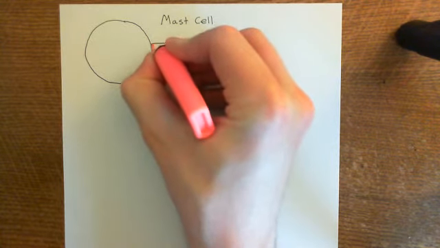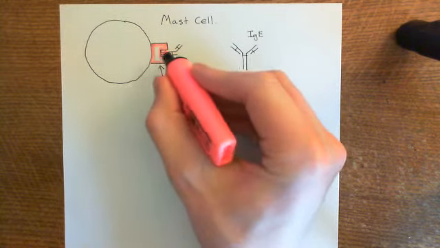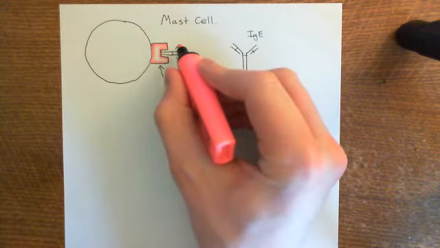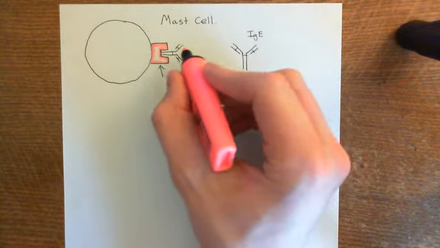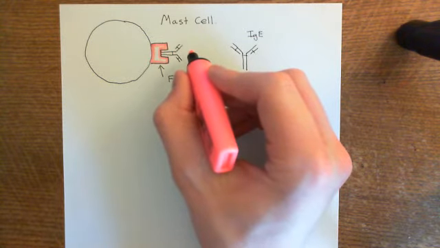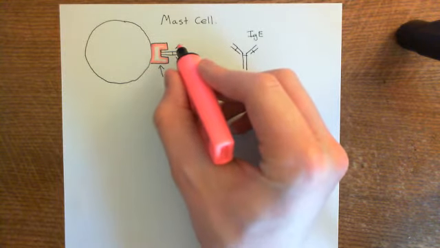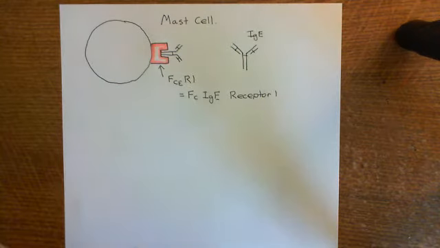Then you can load IgE molecules that you have made onto this receptor, and the IgE will bind to antigens associated with pathogens. So if a pathogen comes in, it'll produce antigens, bind to this IgE on the Fc epsilon R1, activate the receptor, and then activate the mast cell.